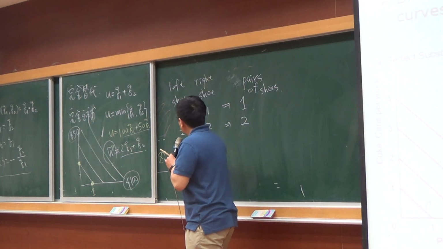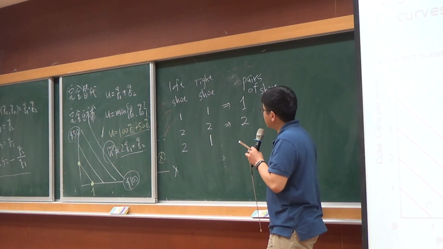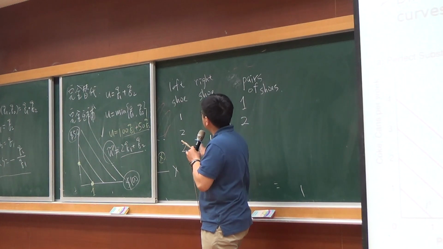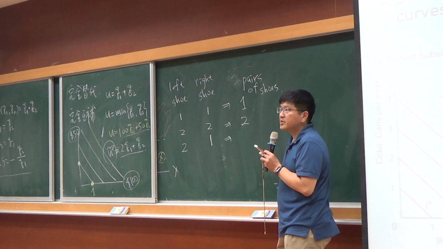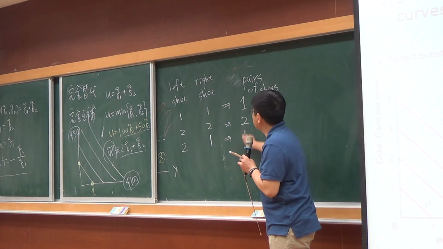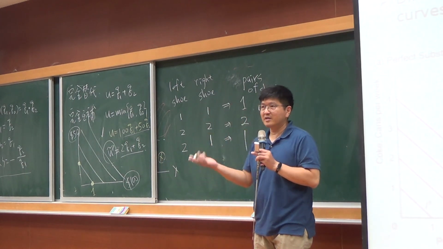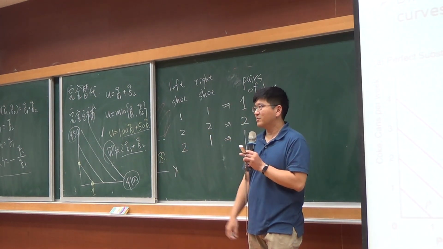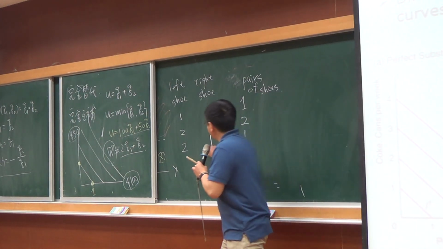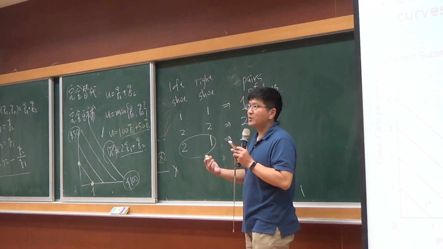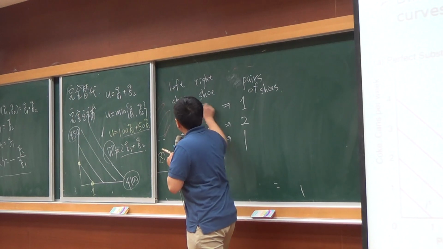What about two left shoes but one right shoe? How many pairs of shoes do you have? One. There is a useless extra left shoe. You don't need it, right? So this combination would not give you a higher level of satisfaction than this one.